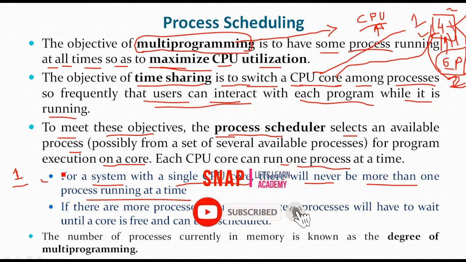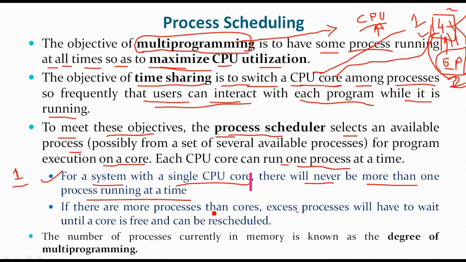Now coming to the second point: if there are more processes than cores, as in my example, I have 4 cores and 6 processes, so we have more processes than cores. The excess processes have to wait until a core is free.